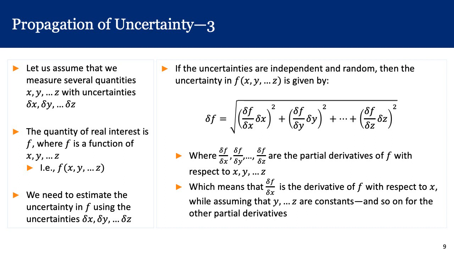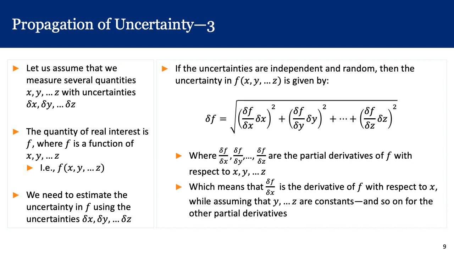The quantity of interest is f, and f is a function of x, y, and z. We need to estimate the uncertainty in f using the uncertainties in x, y, and z, namely delta x, delta y, and delta z. If the uncertainties are independent and random, then the uncertainty in function f is given by this equation that follows.